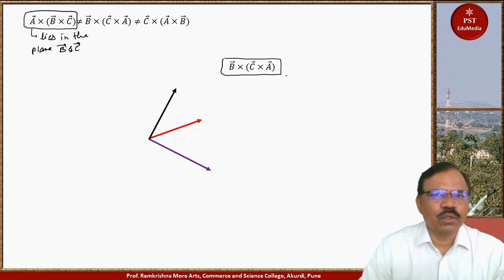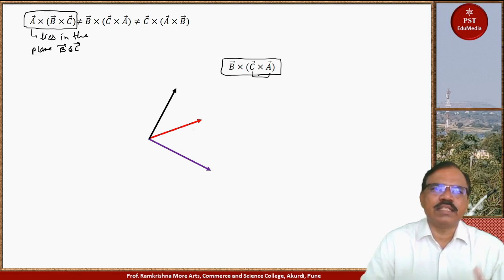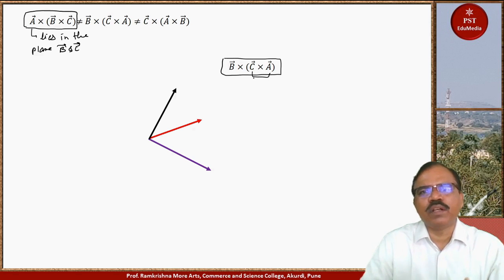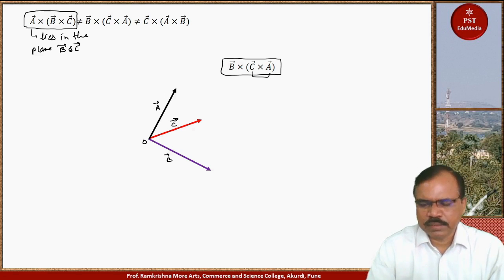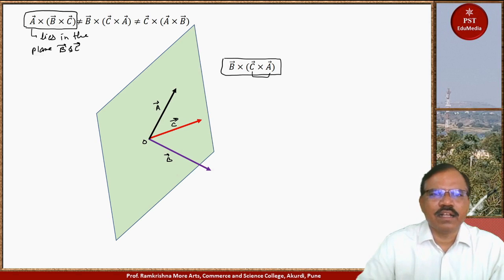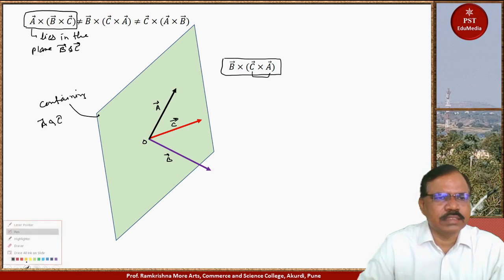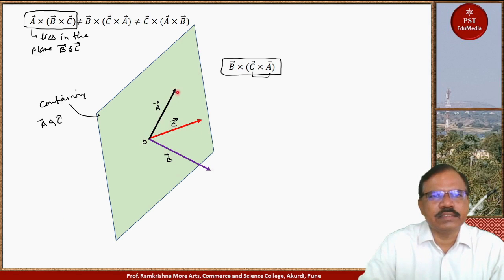Now if we take this one, B cross C cross A, second one. So here we have to take first cross product of these two, and whatever cross product C cross A, it is perpendicular to C and A, means perpendicular to plane containing C and A. So here we have vector A, we have vector B, and this is vector C, and this is O. We will take plane containing A and C. So A and C lie in this plane.